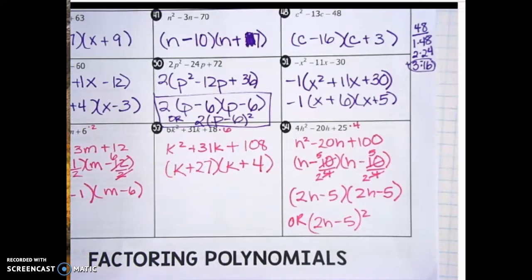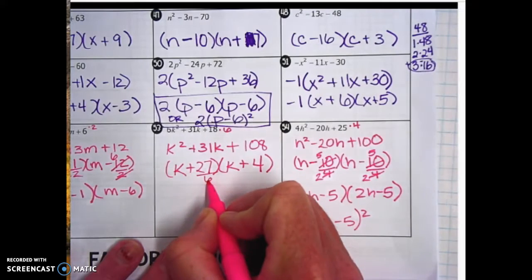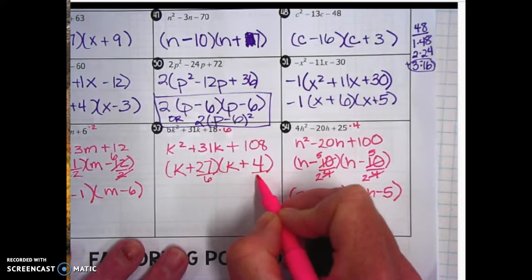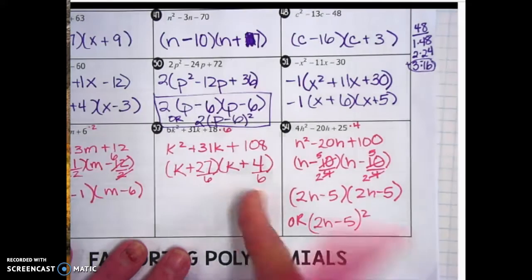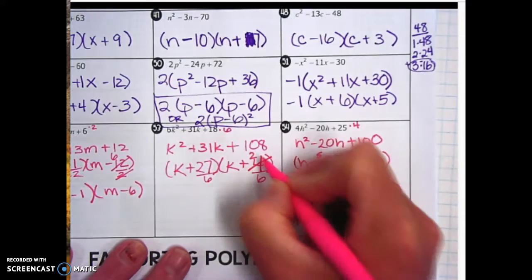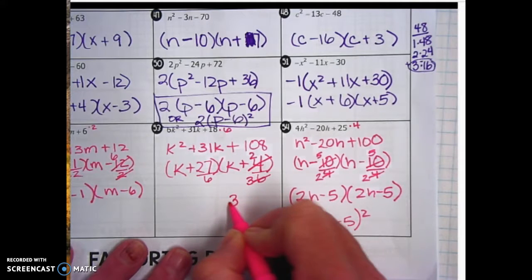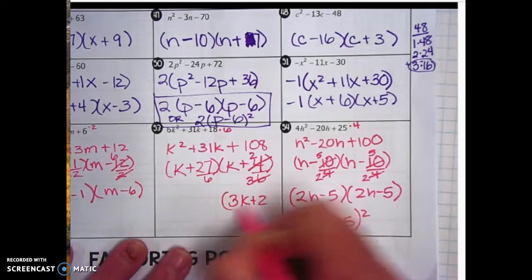All right, looks like we're done, but we're not. We need to do our slide. We already did our slip. Let's divide by 6 and divide by 6. I'm going to start with this one because it looks easier. These are both divisible by 2. This is 2 and this is 3. So when I slide that 3 over, I get 3k plus 2.